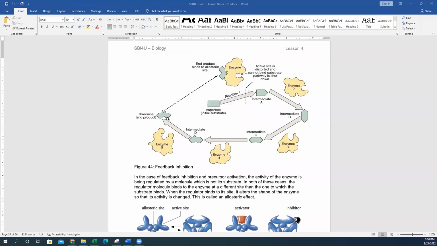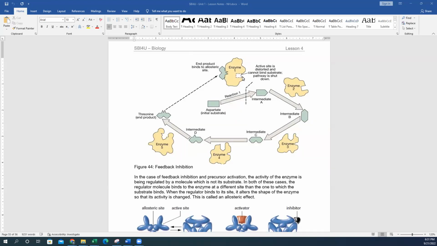Now, the end product threonine has the ability to bind at an allosteric site on enzyme 1. Enzyme 1 being that enzyme that catalyzed the first reaction of taking that aspartate. So if you can see this active site here, that's rectangular, let's say, obviously in life, this is not rectangular.